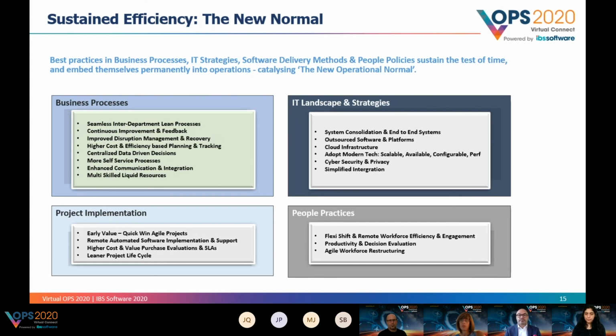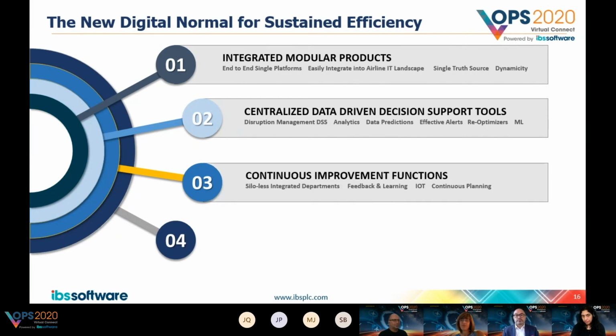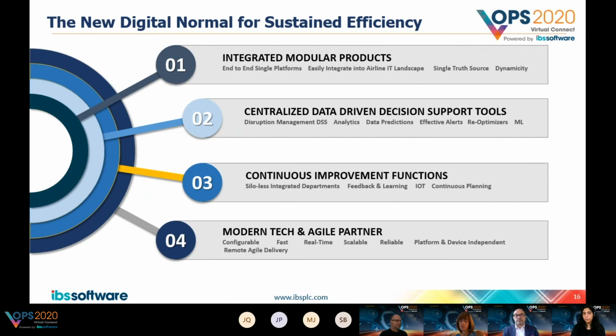Sapna, please go on. Yeah, so I've noted down these points. We have 2 minutes, or now 1 minute only. Okay. So these are some of the things on the digital side, the new digital normal, because digitalization has to go in parallel with the operational normal. This is some of what our friends have been saying would help.